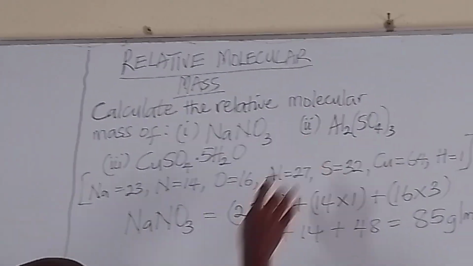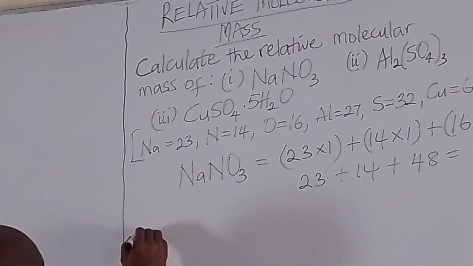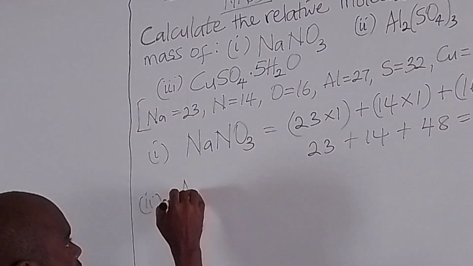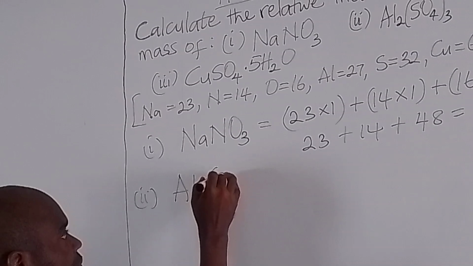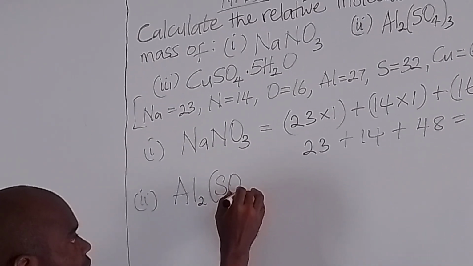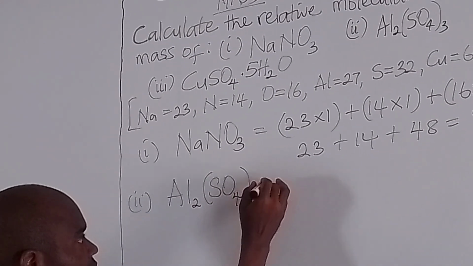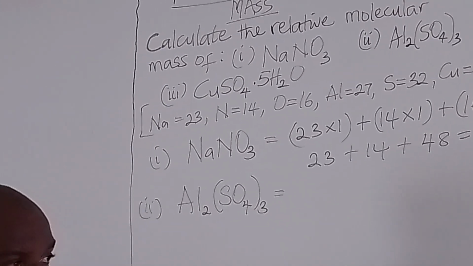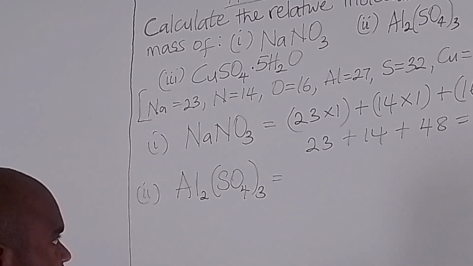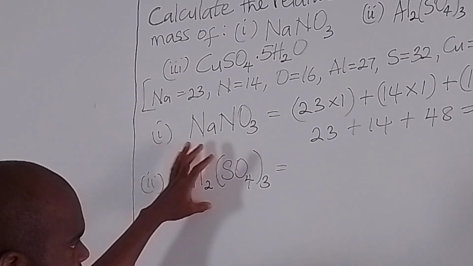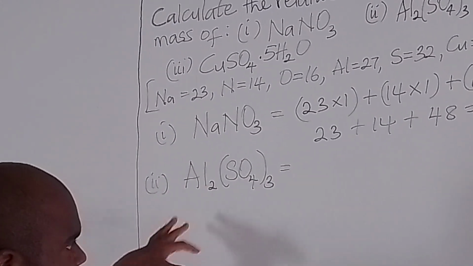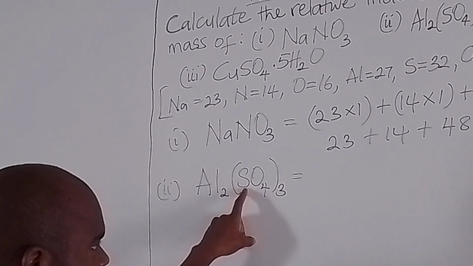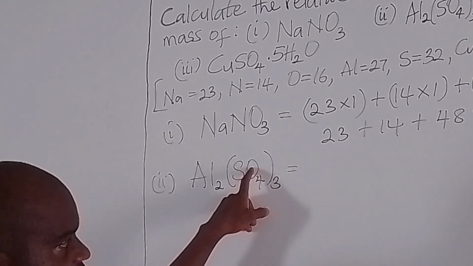We take the second compound. Alright, this is aluminium tetraoxosulfate 6. Aluminium tetraoxosulfate 6. Once again, we have 3 component elements. We have aluminium, we have sulfur, and then we have oxygen.